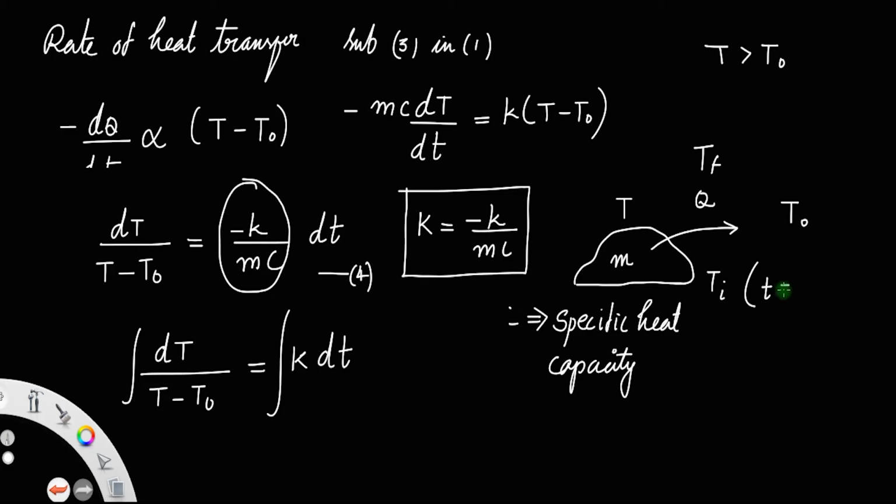At time t equal to 0, the temperature is Ti, and after a particular time t, the temperature is Tf. So the limits of integration for dT are from T initial to T final. Initial temperature occurs when time, here the variable is time, is 0 to a time t. Clear? Now let's integrate this equation.